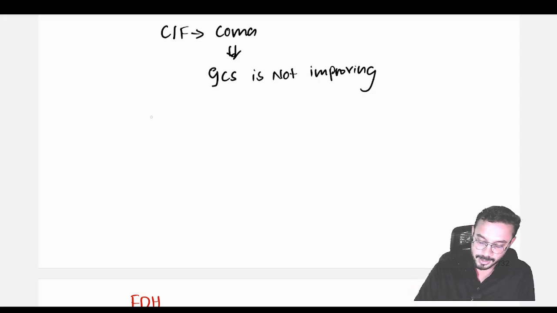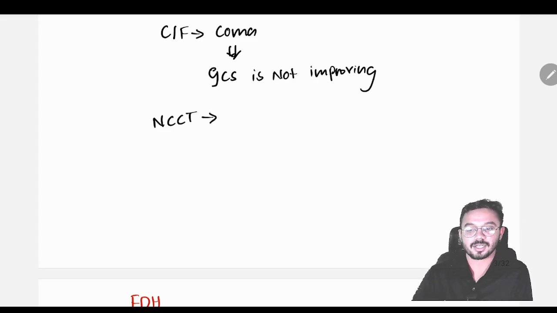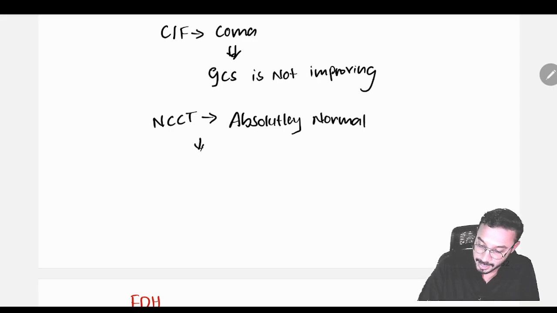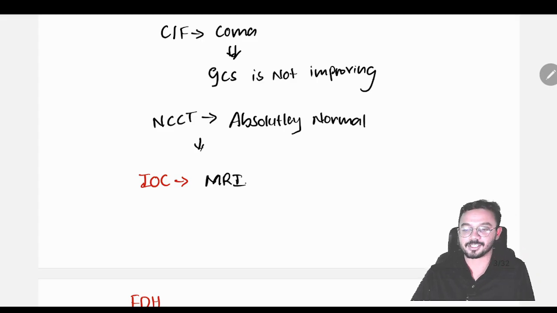So I did a CT in this patient. Remember, in diffuse axonal injury, your CT scan is normal, absolutely normal. So that's why here the investigation of choice is MRI. Okay, this is about diffuse axonal injury.